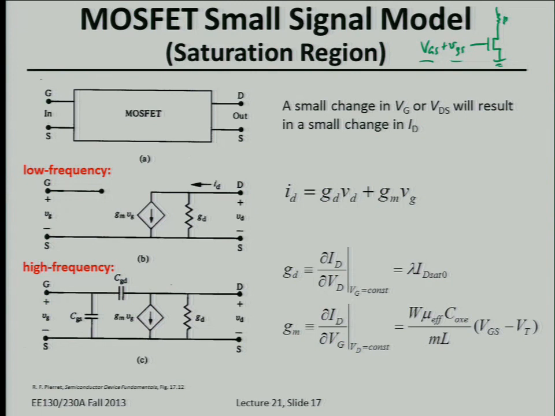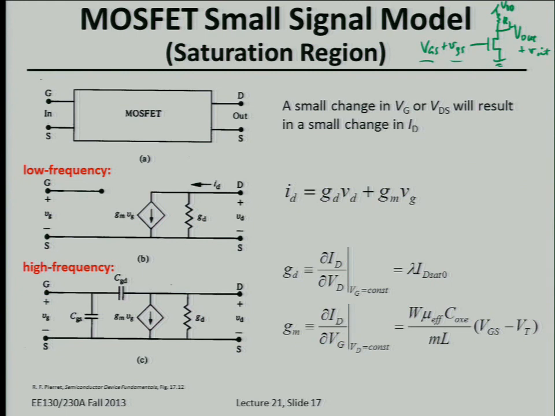And let's just say you have some load resistor here connecting the drain of the NMOS device to a supply voltage. Okay? So the output voltage will be equal to some steady level, depending on VGS, plus some small signal, time varying output signal.